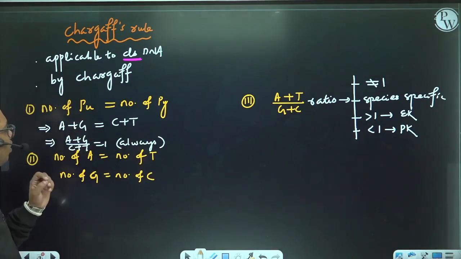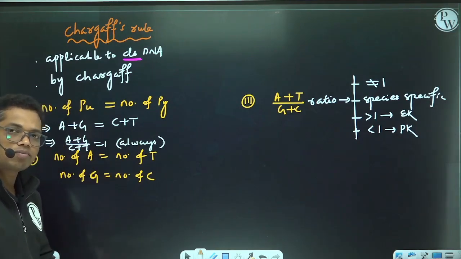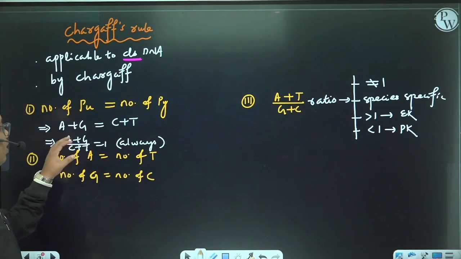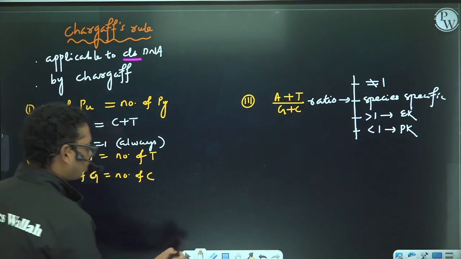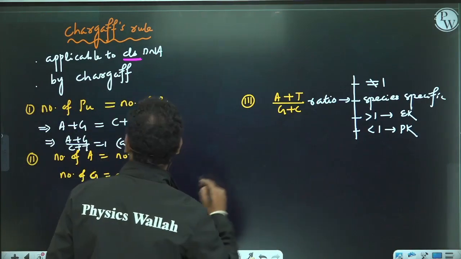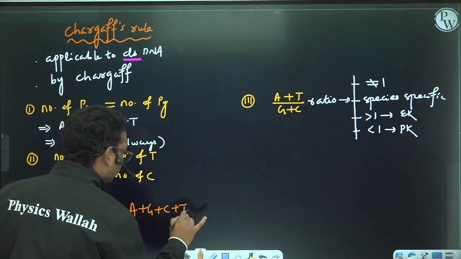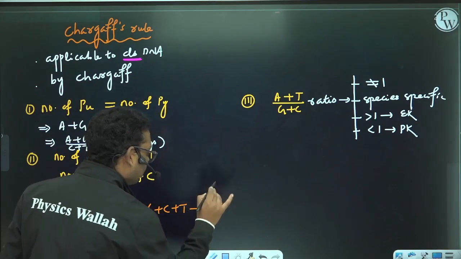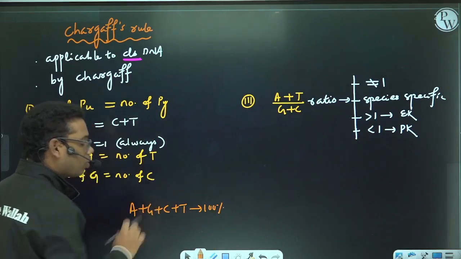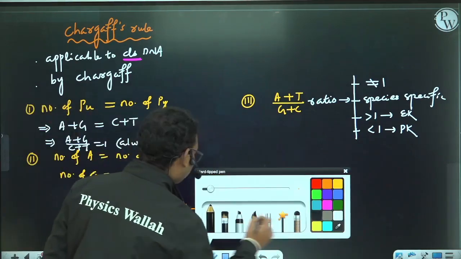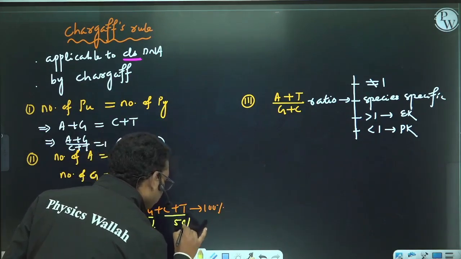In a double-stranded DNA, the nitrogenous bases are present 100%. Clear? So if A plus G plus C plus T is 100% of nitrogenous bases, and because A plus G equals C plus T, I can say that A plus G will be 50% and C plus T will be 50%.